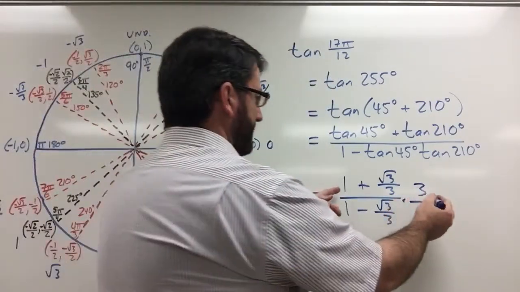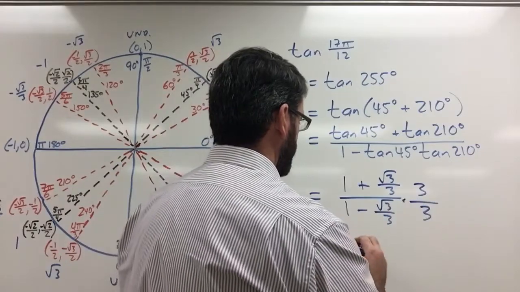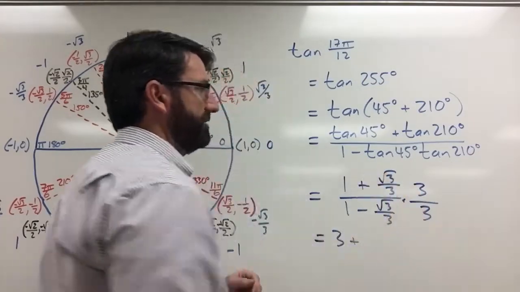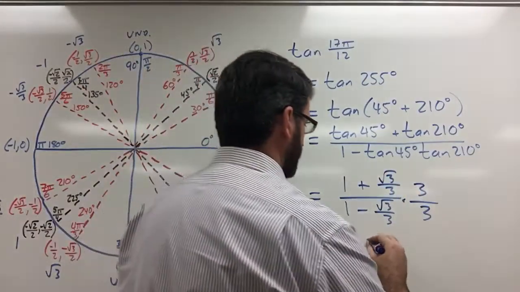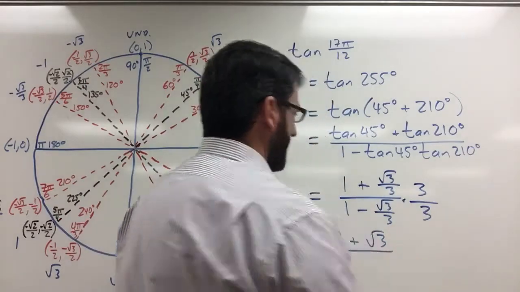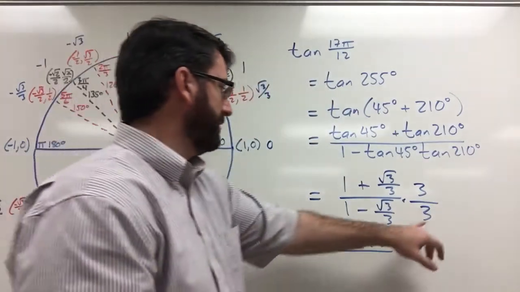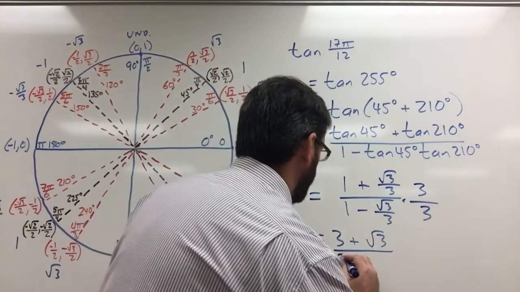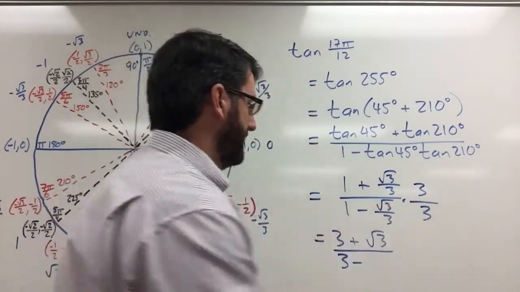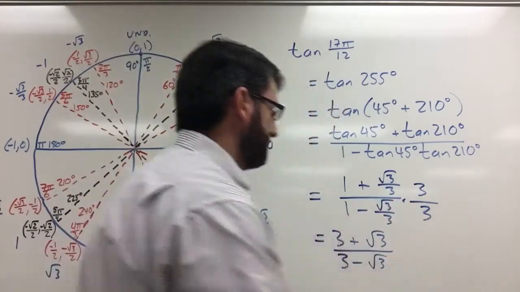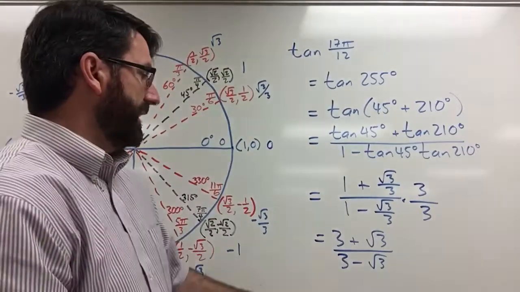And if we do that, we get 3 times 1 is 3, plus 3 times the square root of 3 over 3 is going to be the square root of 3. And then on the bottom, we get 3 times 1 is 3, minus the square root of 3. All right.